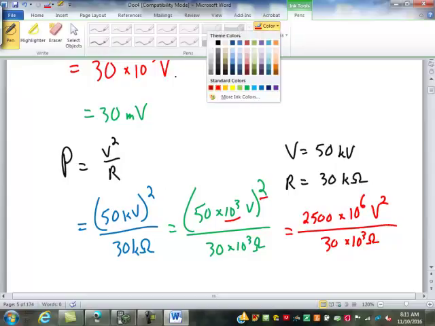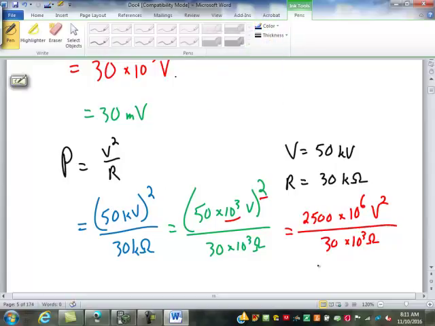So 2,500 divided by 30 is 833. Is that correct? No, 83.3. 83.3 times 10 to the 6th divided by 10 to the third is 10 to the third. Volt squared divided by an ohm, again, I wouldn't expect you to know this, that's a watt.